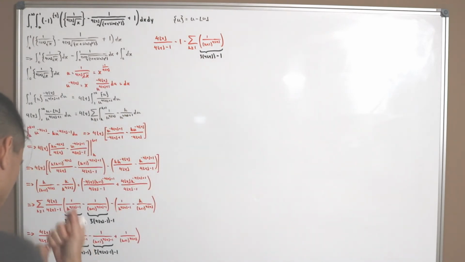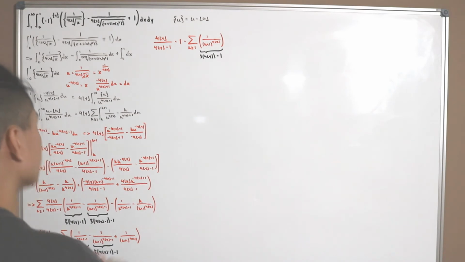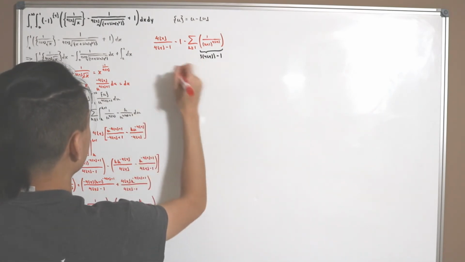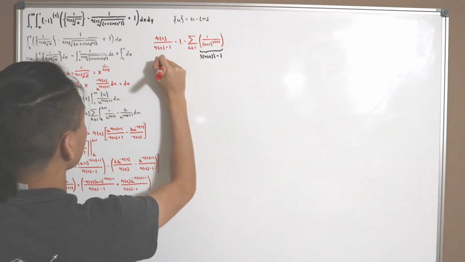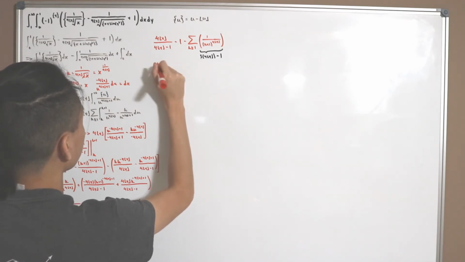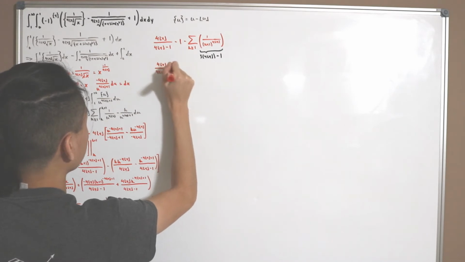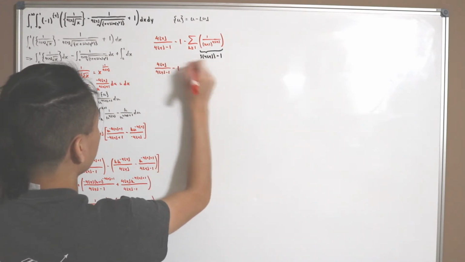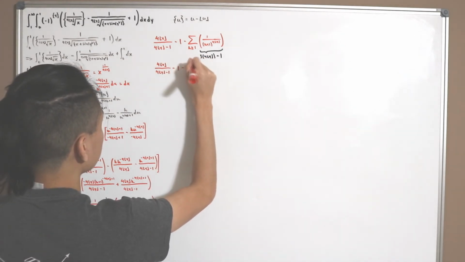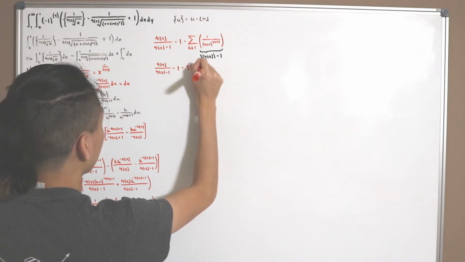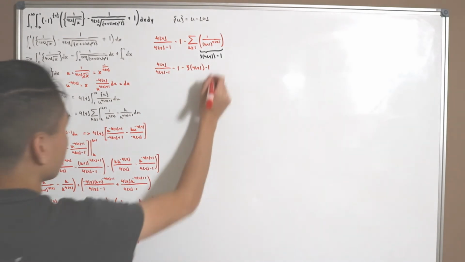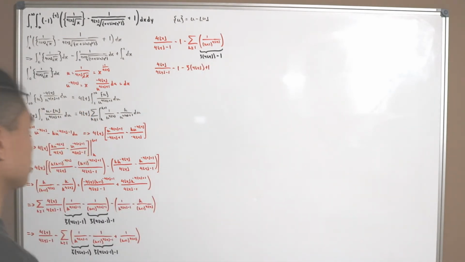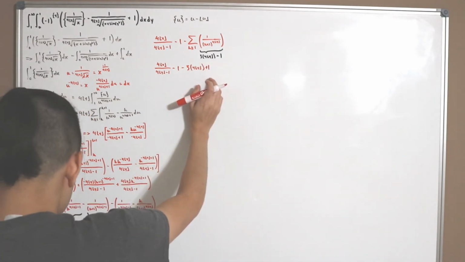So okay, that means simplifying everything out. We have 4 floor y divided by 4 floor y minus 1, and then minus the Riemann-zeta of 4 floor y, then subtract 1, or well, plus 1 now, because the ones will cancel.